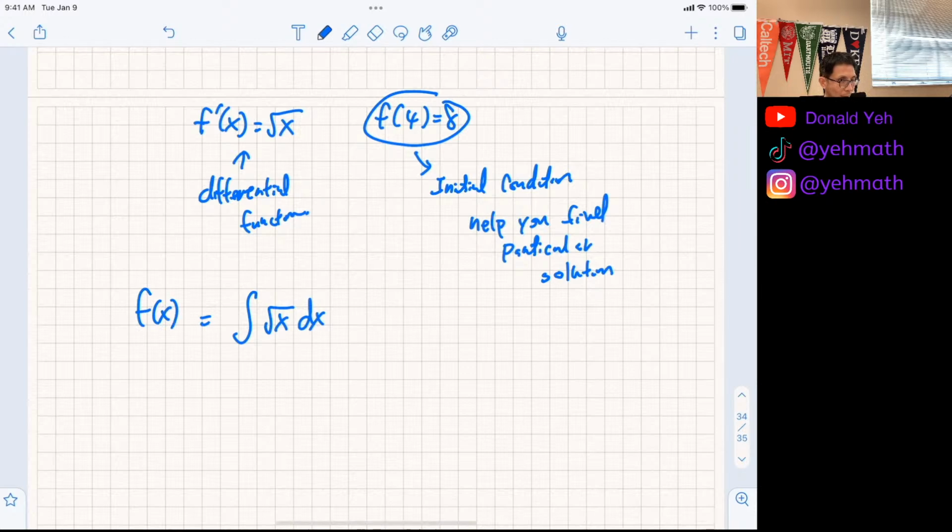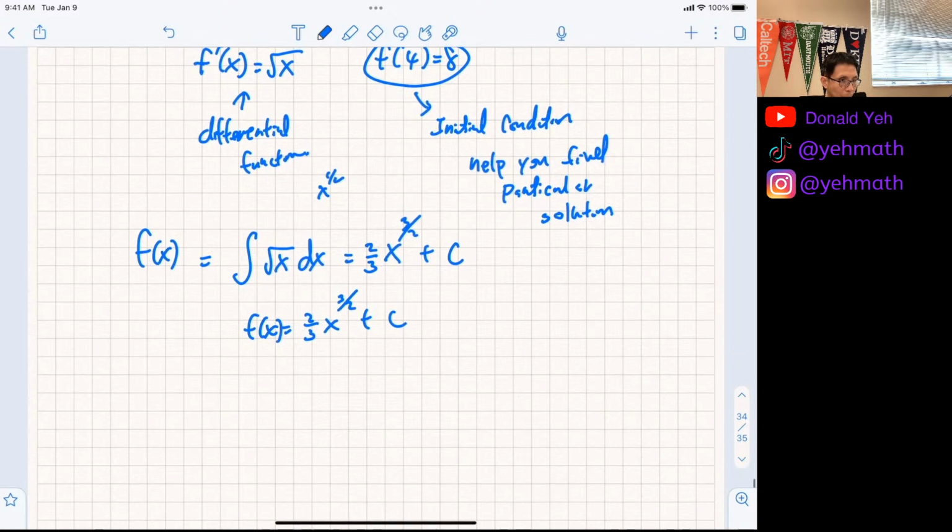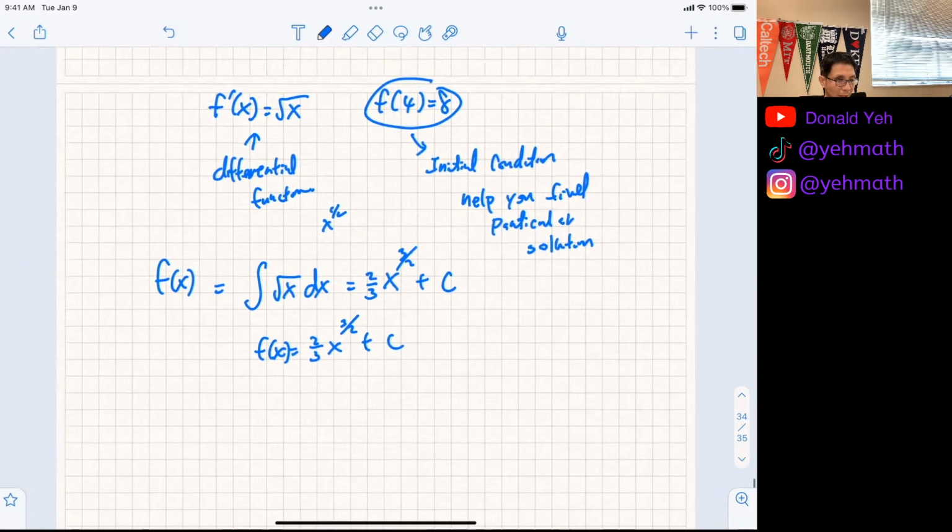Does that make sense? So if you integrate this, it's going to give you x to the 3 over 2 times 2 over 3, because that's x to the 1/2, and if you add 1, it's x to the 3 over 2, times 2 over 3, plus c. Now that just means f of x is equal to this, and we say, okay, that's a general solution.